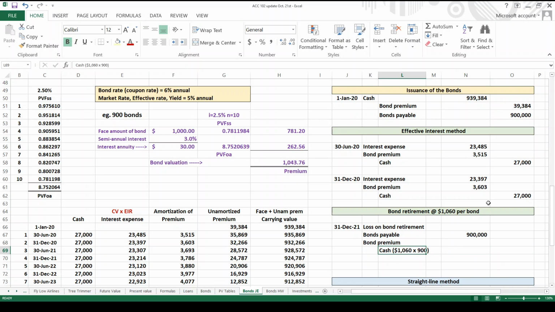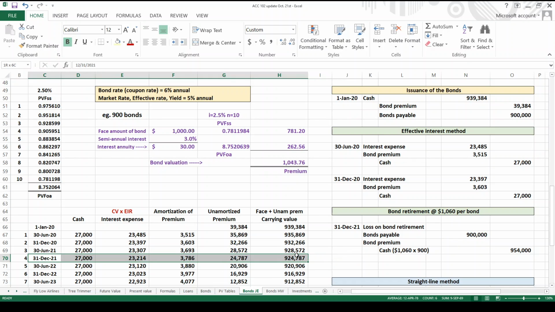All right, the cash. What's the cash? 1060 times 900. Yeah, 954,000. Okay. Now, if the bonds go away, then the related bond premium must also go. So we're looking at this again, right? What's in this?